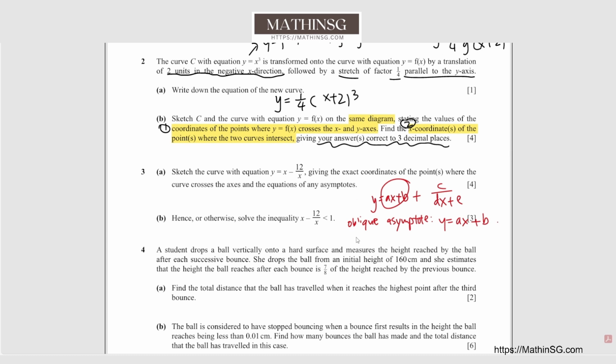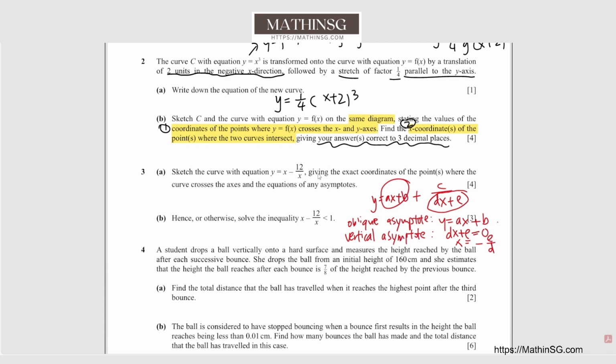We know that we have a vertical asymptote. A vertical asymptote exists when you have values of x which the graph cannot take, and we cannot have a denominator equal to 0, so we cannot have dx plus e equals to 0, so therefore this forms a vertical asymptote. So we write it as x equals negative e over d.